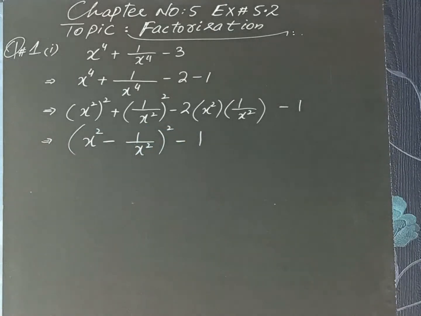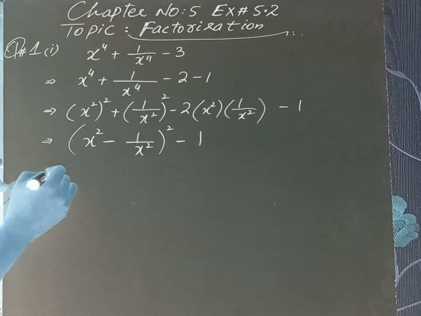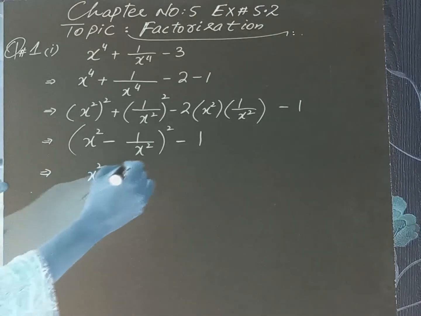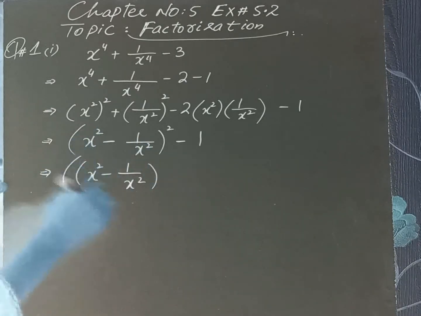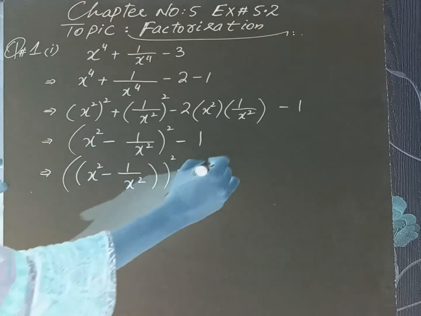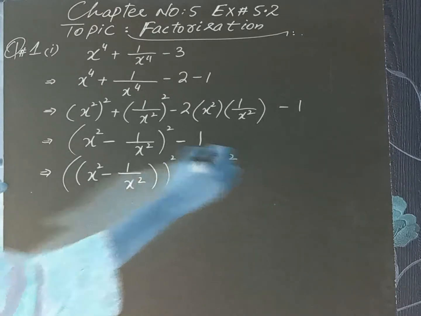Now you can see these are two terms with a minus sign between them. We have read the formula of a square minus b square equals a plus b into a minus b. Here x square minus 1 over x square whole square is the square of x square minus 1 over x, and 1 is the square of 1.